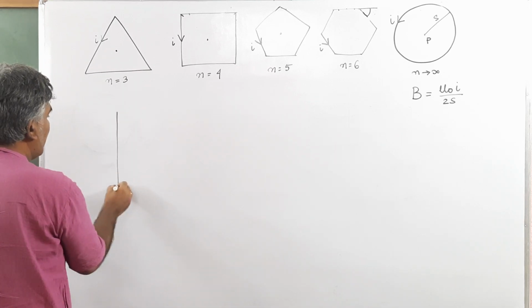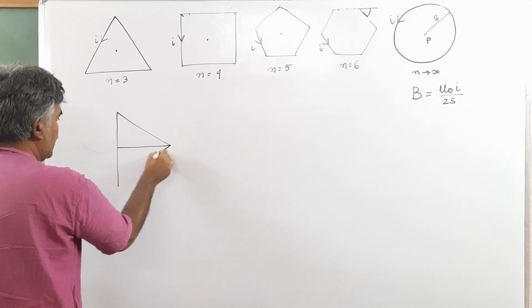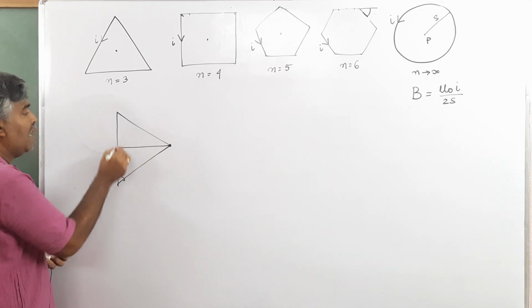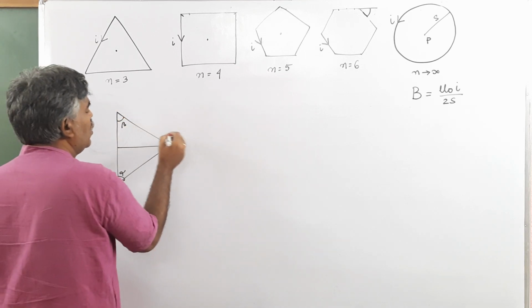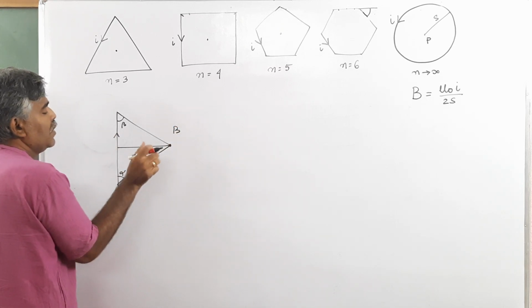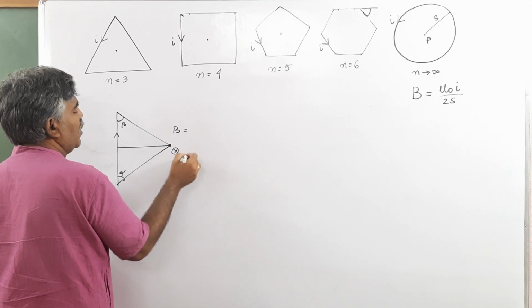Now what is the magnetic field of a line segment? Suppose at the symmetric point, if this angle is alpha and this angle is beta, technically alpha equals beta, so the magnetic field B at this point, if this current is I, is into the plane of the board, so in this direction.